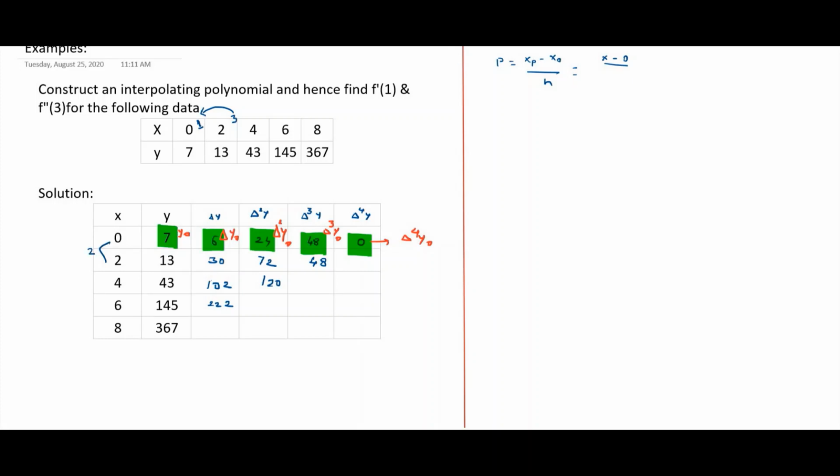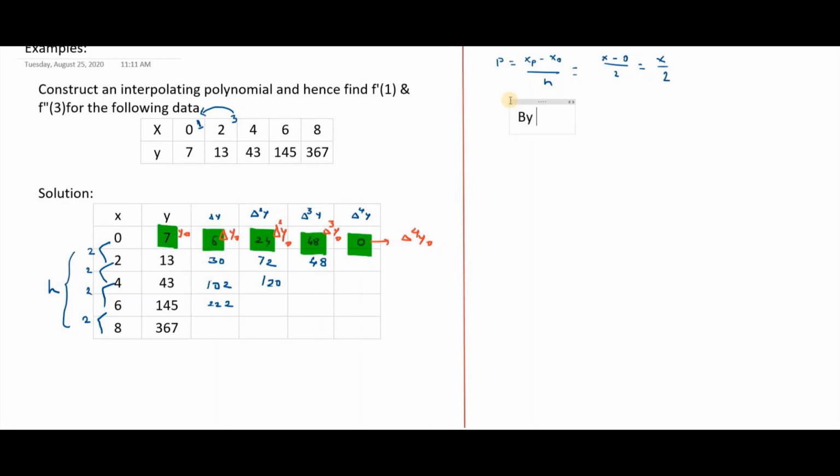So 2 minus 0 is equal to 2, 6 minus 4 is also equal to 2, 8 minus 6 is also equal to 2, or you can take 4 minus 2 is also equal to 2. Therefore from the table the value of h is equal to 2. So I will write here 2. So the value of p is equal to x divided by 2.